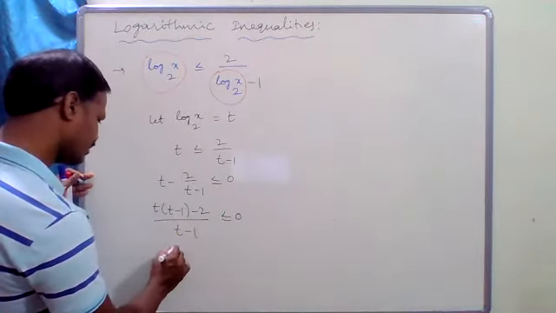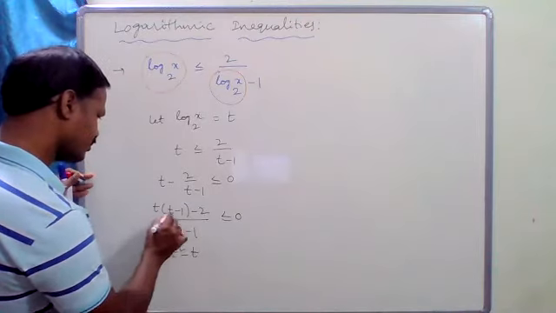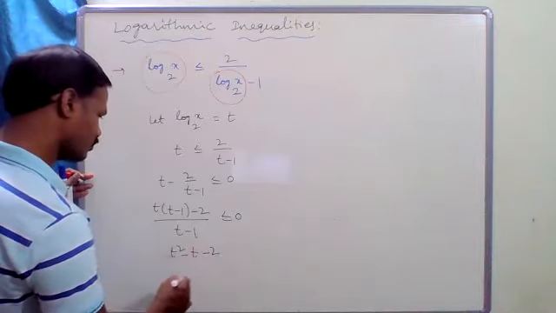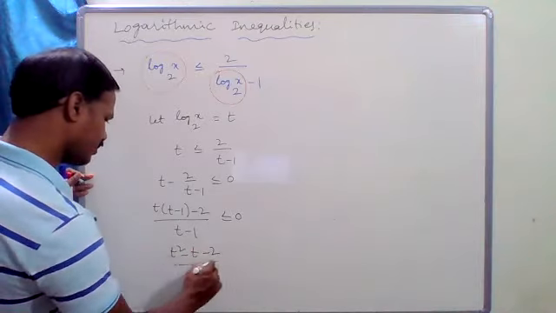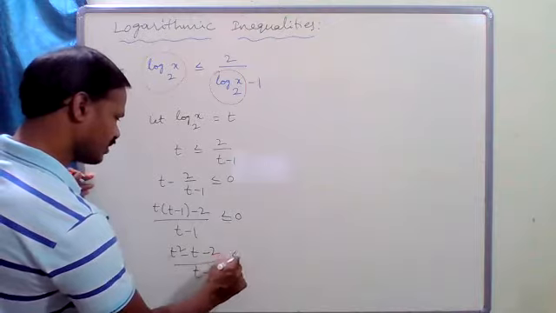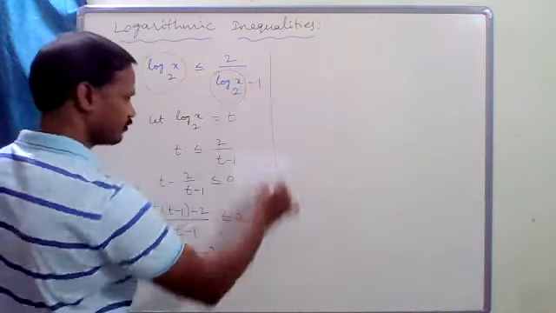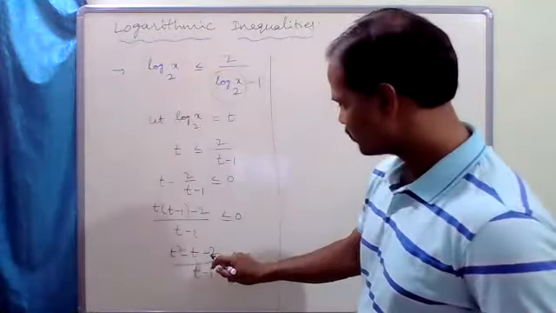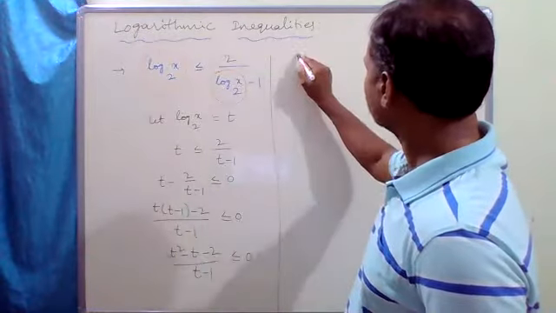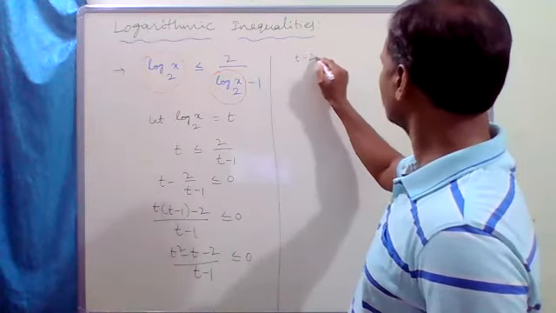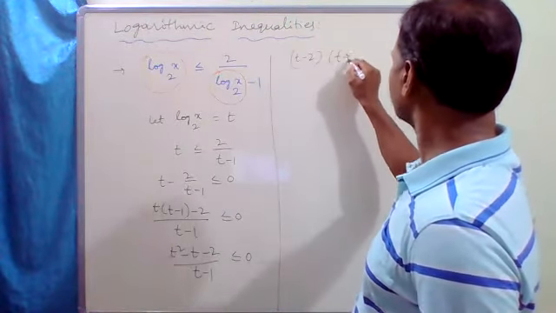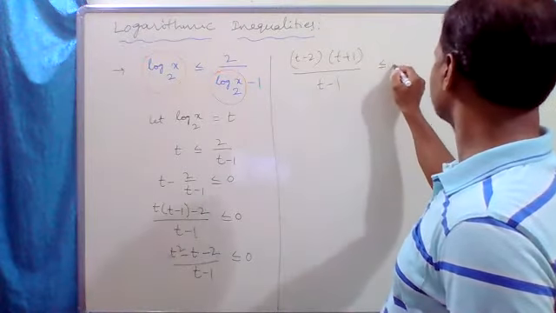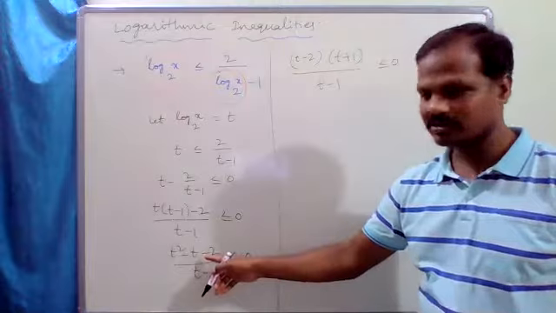So this is t square minus t minus 2 by t minus 1 less than or equal to 0. Now in numerator, this can be written as t minus 2 into t plus 1 by t minus 1 less than or equal to 0. Is it clear? The factors of this one.